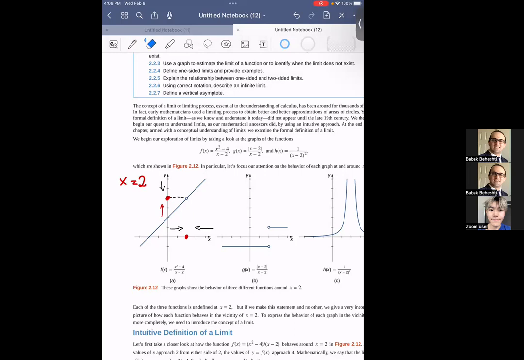Can you tell me? 4. So the limit of this function when x goes to 2 is 4. For this function, the limit of f of x as x goes to 2 is 4.